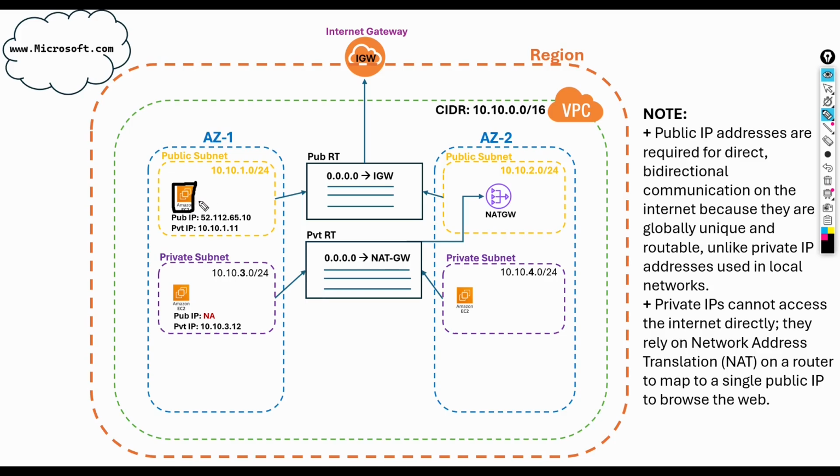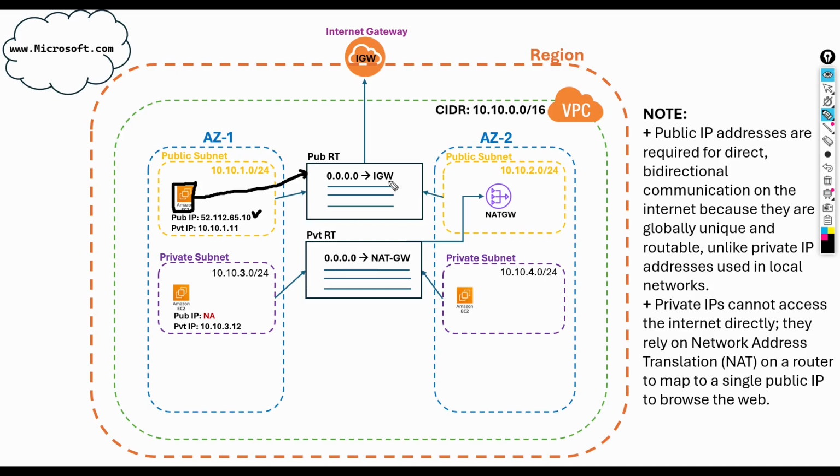So the request will come from this server towards this route table, and the source IP of this machine will be the public IP address. It will check in the route table.